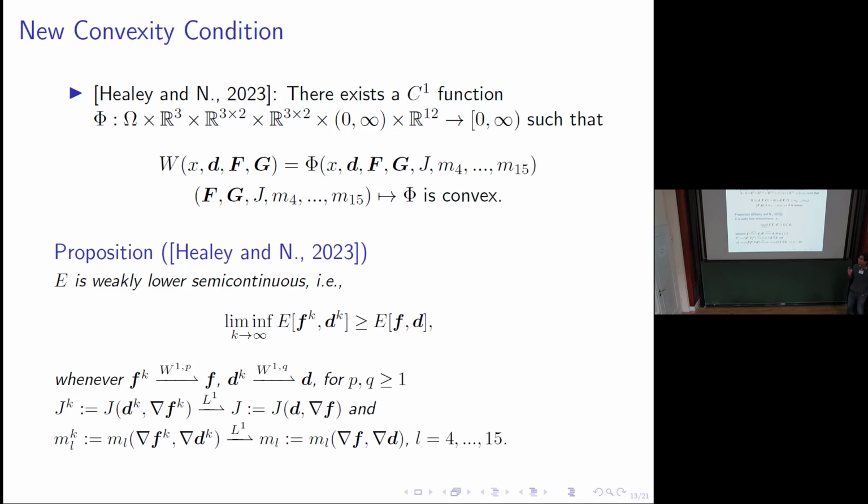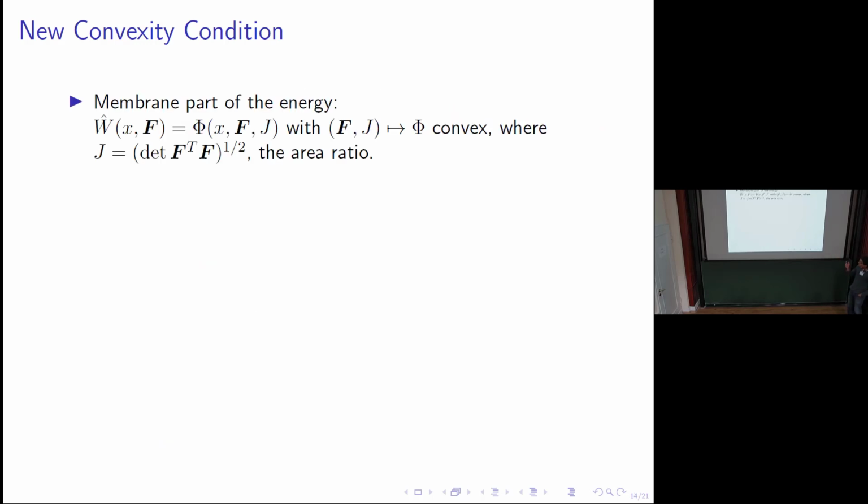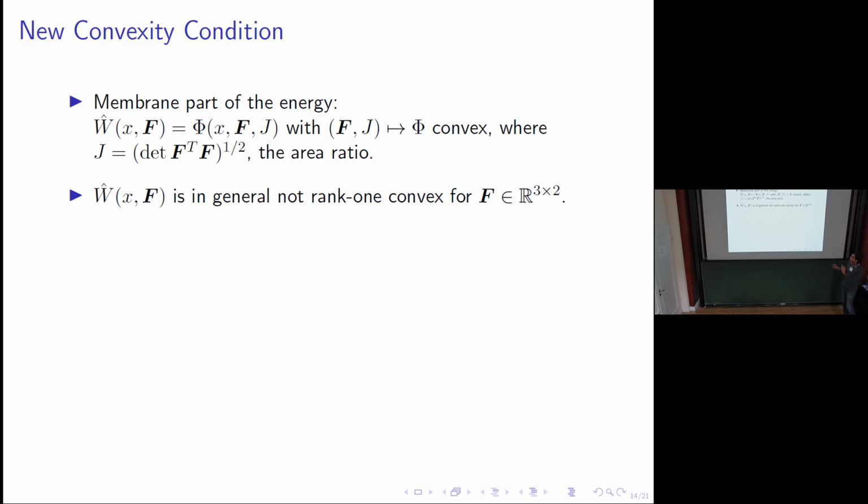If you have all of these convergences, then you have lower semi-continuity in this sense. Okay. But now let's go back to the membranal part of this new convexity condition. For the membrane part, again, drop dependencies on bending, and then it reduces to this, where phi is now convex in F and J becomes the local area ratio instead of the local volume ratio, where J is going to be the square root of the determinant of F transpose F. Now, you can show with a not very complicated argument that in general, this is not even rank 1 convex.